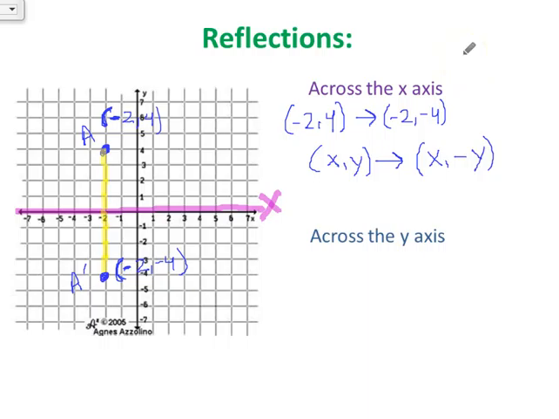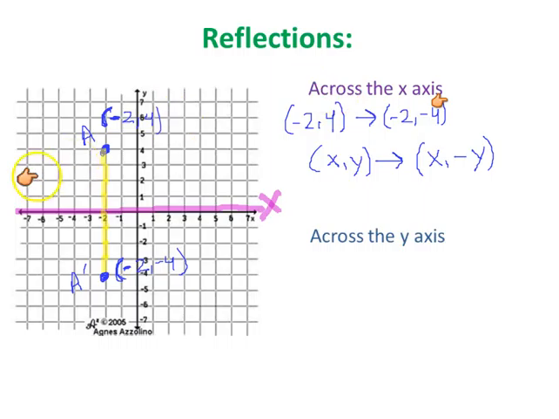It will be the opposite sign. So that pattern occurred when we actually plotted a point and reflected it across the x-axis. If you look, our original coordinate was -2, 4, and then when we reflected it across the x-axis, the x-coordinate stayed the same. But look at our y-coordinates. They change signs. We've got 4 and -4. And that's the pattern that you'll get.